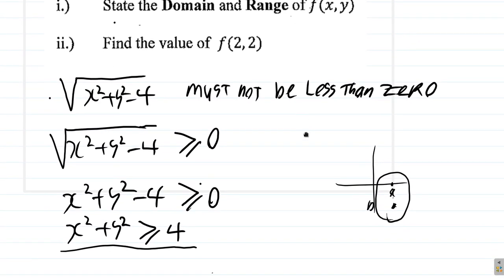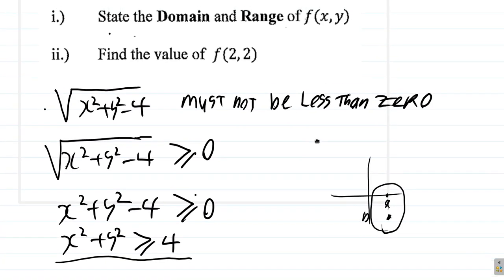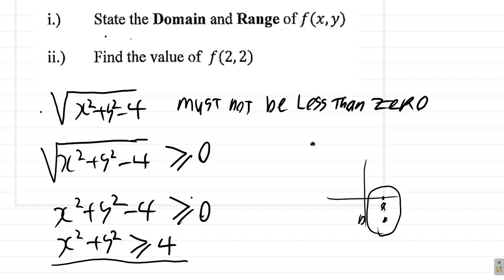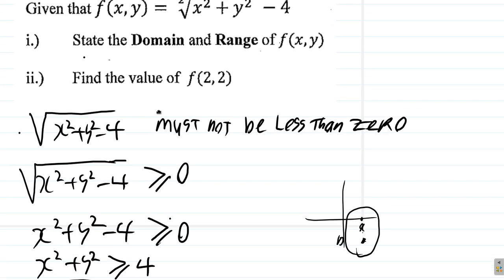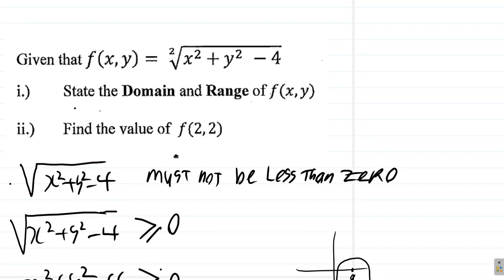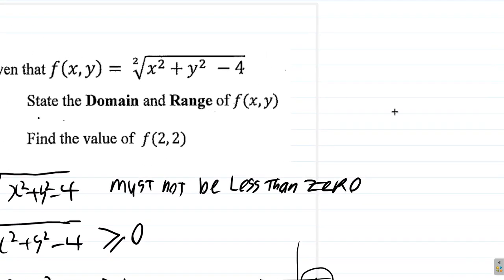The range of f of x, y, what would that be? The range would be the answer. It would be the output. So if you look for the range, what would be the output in this case?